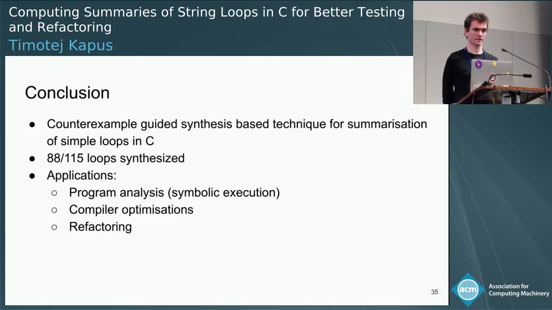Do you have a sense of how many of the open-coded string loops are just random stuff versus inline copies of libc functions that the programmer didn't know about, versus hand-fused loops that are multiple libc functions together? So you're saying how many loops are copied from libc and how many are handcrafted and happen to have the same behavior? Yeah.